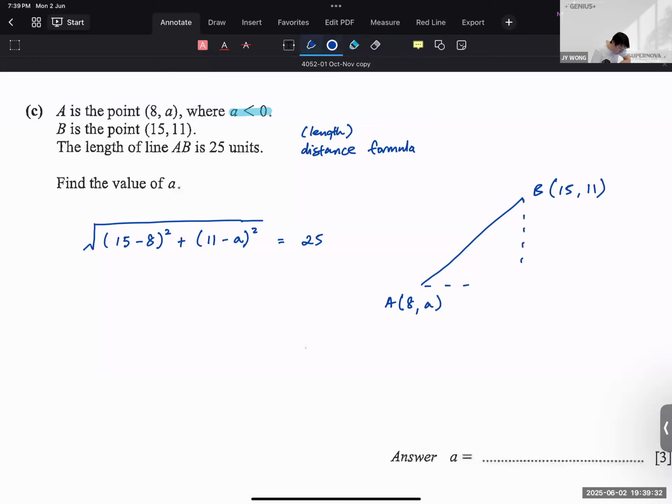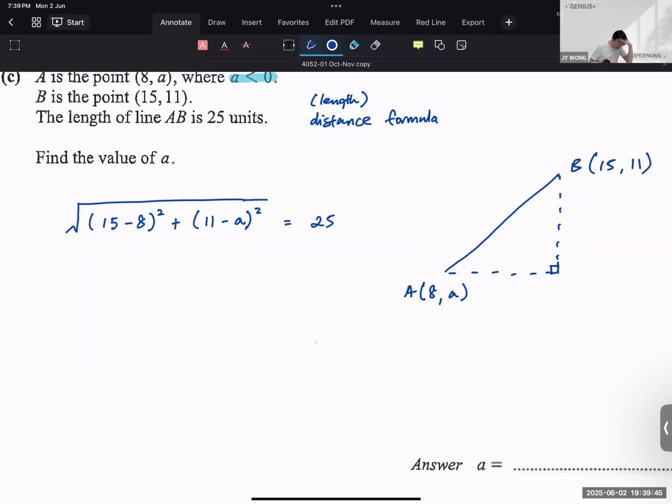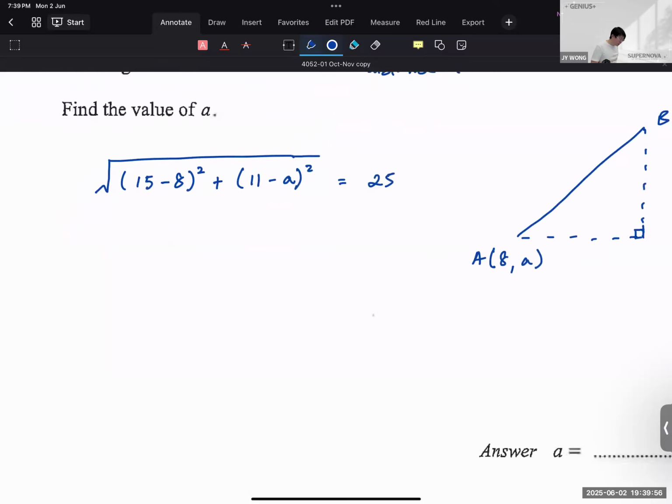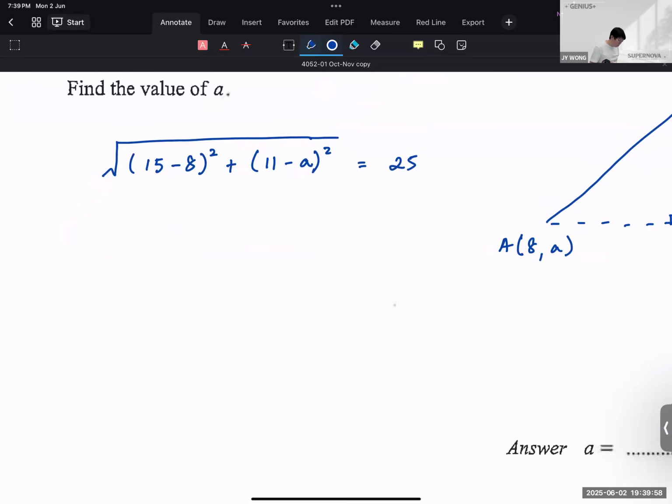The reason why the distance formula is like that is because it's actually derived from your Pythagoras formula. So if you ever forget your distance formula, you can do it by Pythagoras. Or if you need help with visualization, you should sketch out the drawing like that to help you visualize it. Okay? Now, we never want to work with the square root. So what do I do to the square root? I will square it to get rid of the square root.